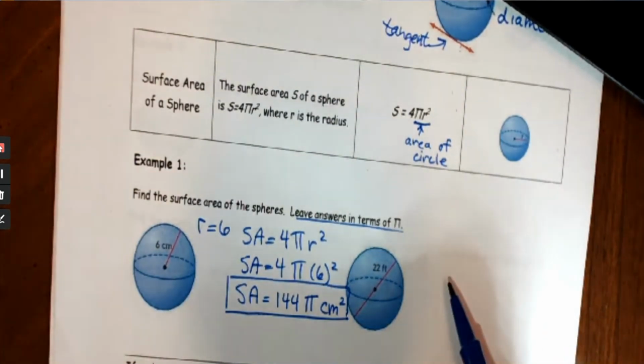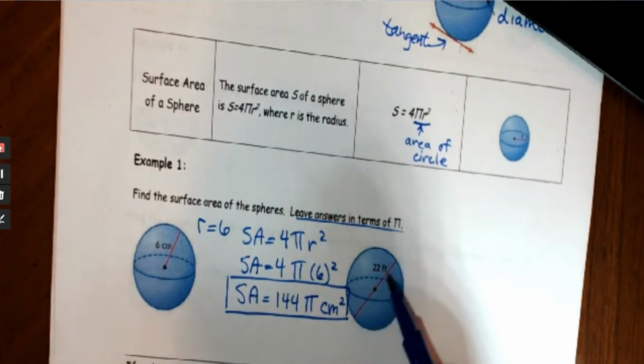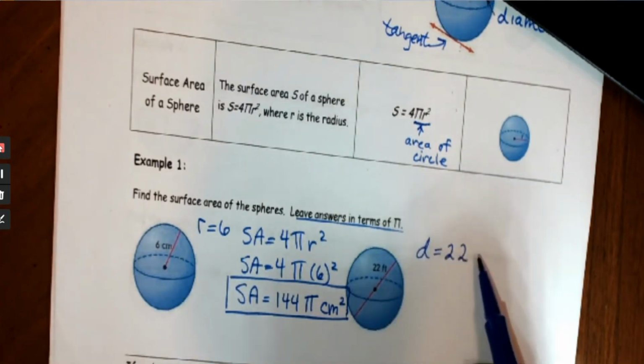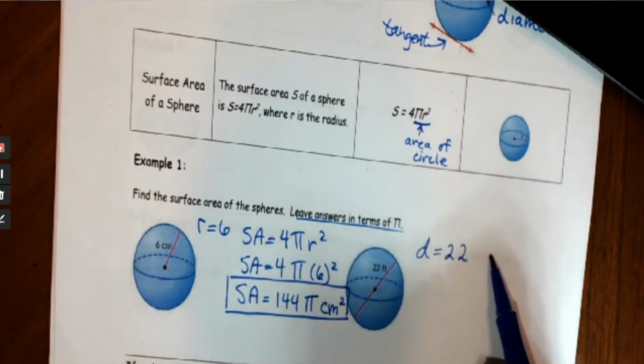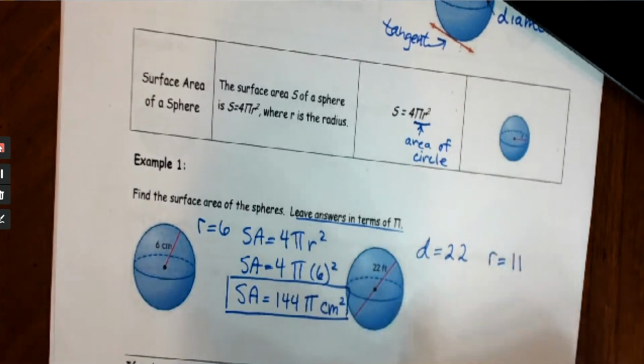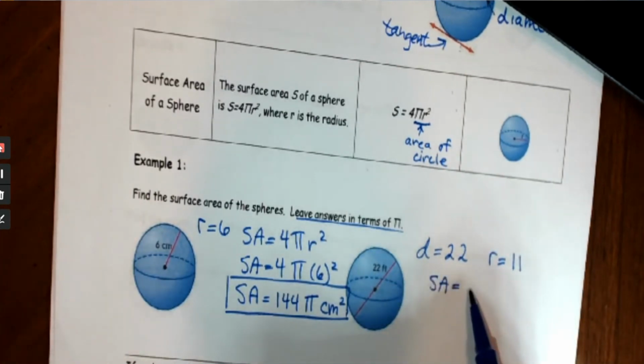Looking at the next example, here we see that we were given a diameter. This diameter is 22 feet. So if we want our radius, we know our radius is just half of the diameter, so our radius would be 11. Now we're going to plug back into that same surface area formula.